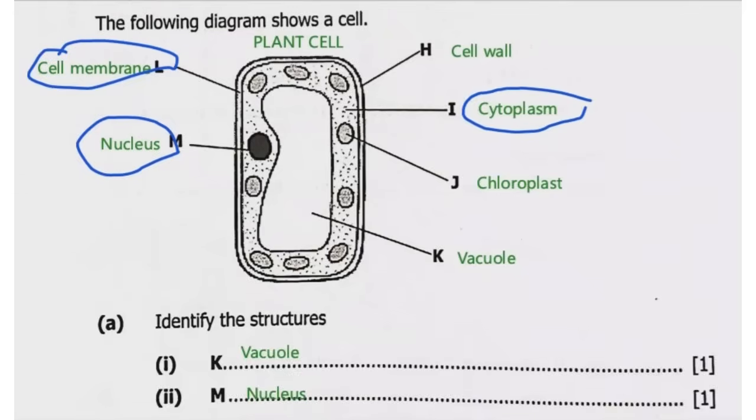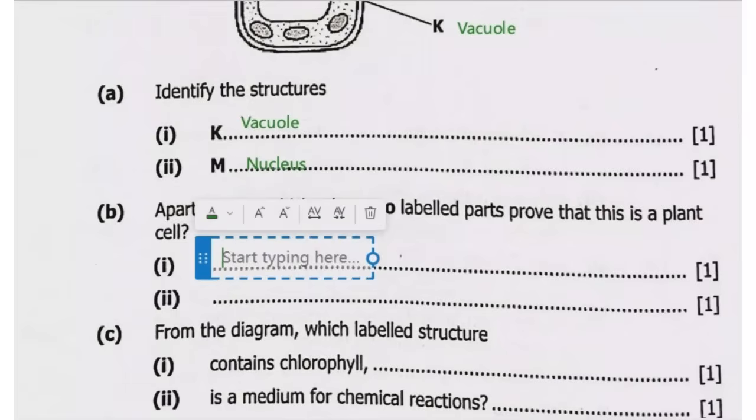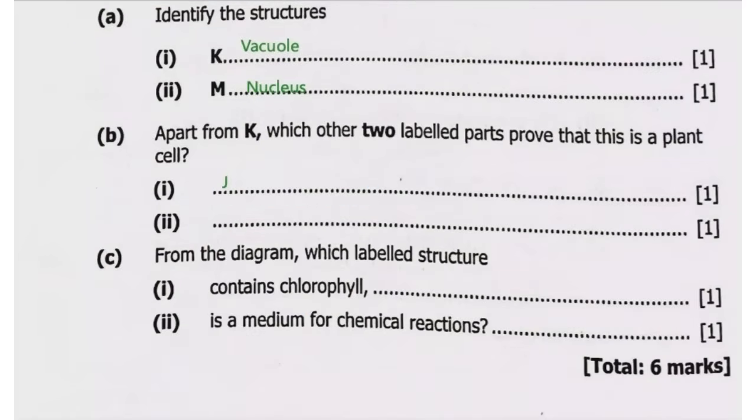We have J, so we can write J there, and the other part is H, which is the cell wall, so we can also write H here. So J and H prove that this is a plant cell, because these three parts, J, H, and K, are not found in an animal cell. They are only found in a plant cell.